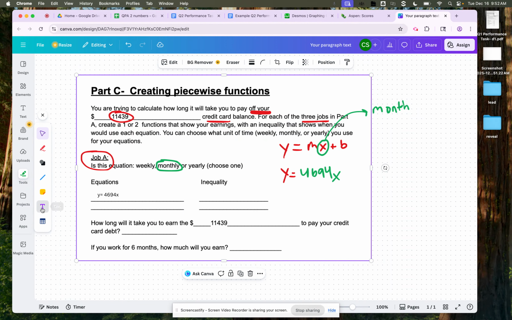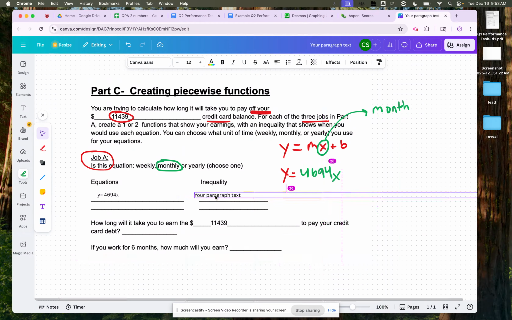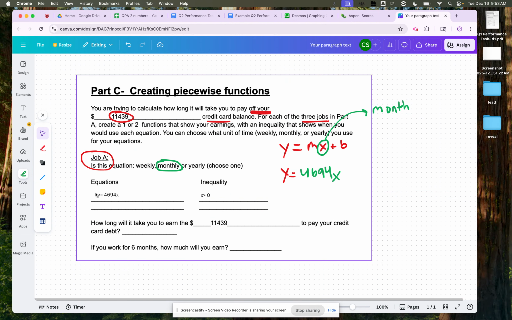And then the inequality, when do I get this money? After how many months do I get it? I'm going to get it after my first month. So basically, whenever x is going to be greater than 0. Anytime I'm working more than 0 months, I'm going to get this salary.